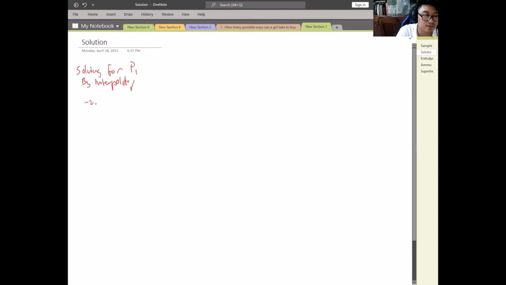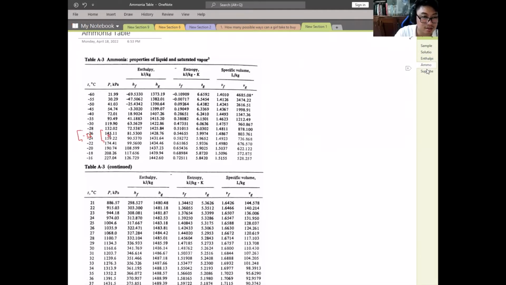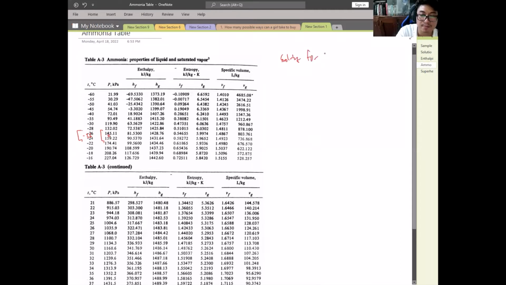So, negative 26, negative 24, tapos sa negative 25 yung ating hinahanap, no? So, given si negative 26, okay? Or dito lang natin isulat, class, no? So solving for P1, no?